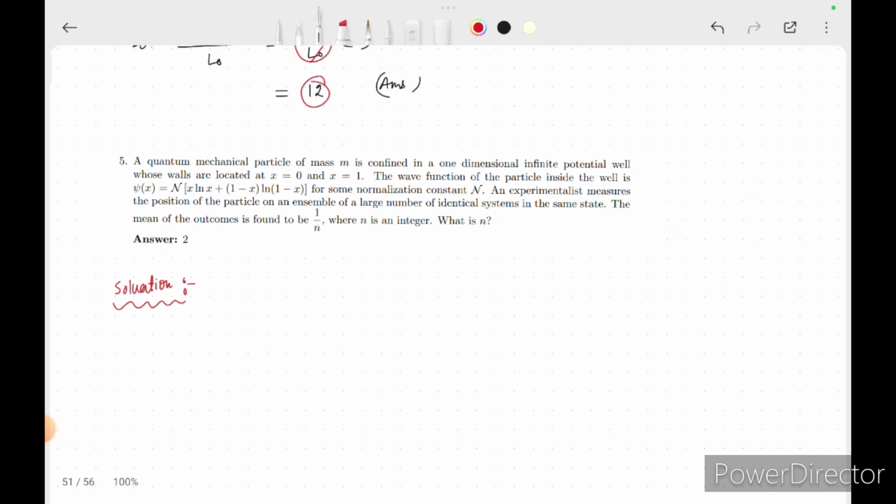I will also try to learn that type of integration, because the integration of ln x is very difficult analytically. It is very easy to solve this type of integration by a numerical way, but solving this type of function analytically is very hard.